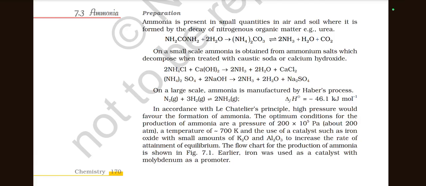The optimum conditions for the production of ammonia are a pressure of 200 x 10^5 pascals, a temperature of approximately 700 Kelvin, and the use of catalysts such as iron oxide with small amounts of K2O and Al2O3 to increase the rate of attainment of equilibrium.